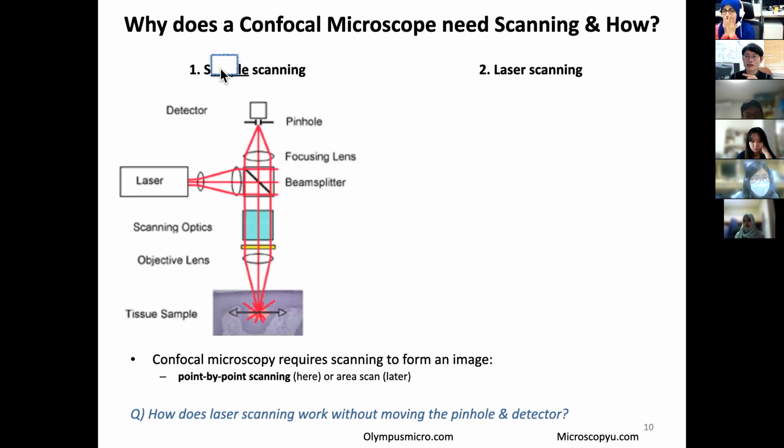So in this way, you build one system, you just move the sample. That we call sample scanning, because you are simply scanning the sample. So this is a simple way, but in practice, nobody likes it. Why? Because then you have to put the sample on an XYZ translator and move it.